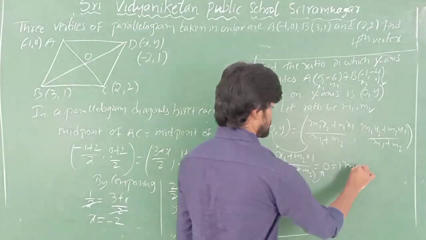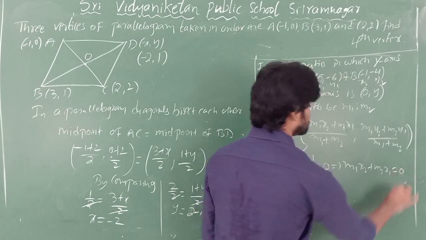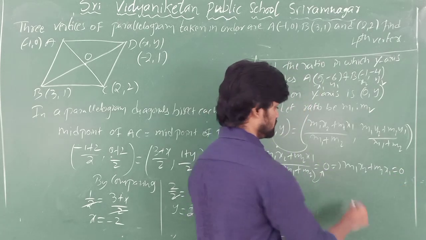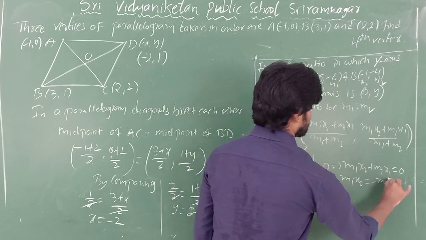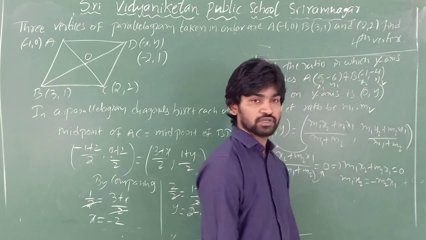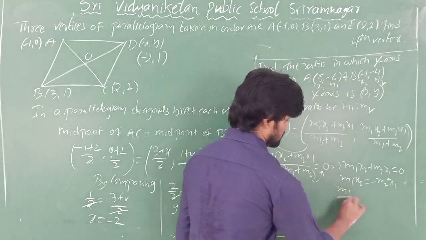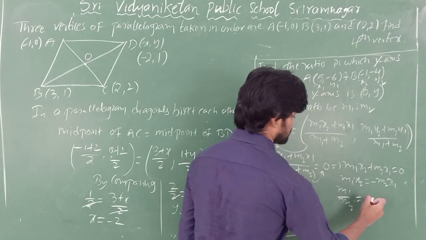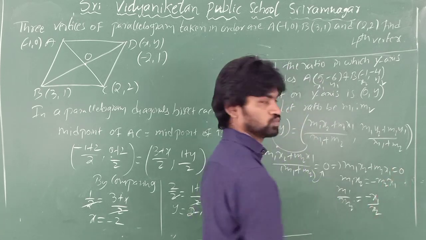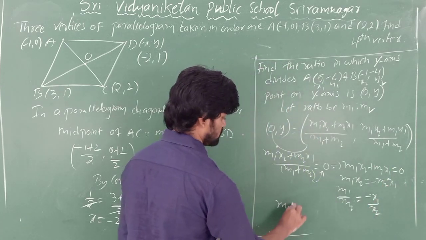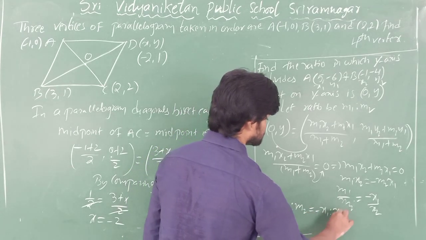Next, m1 x2 plus m2 x1 is equal to 0. Sending m2 x1 to the other side, m1 x2 equals minus m2 x1. Bring only m2 to this side, that is m1 by m2 is equal to minus x1 by x2. So the ratio m1 is to m2 is equal to minus x1 is to x2.